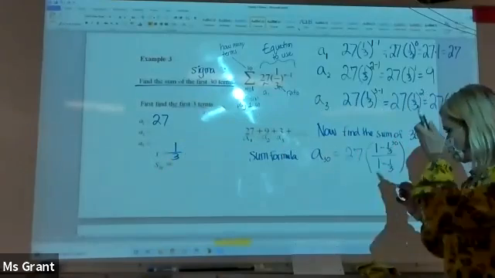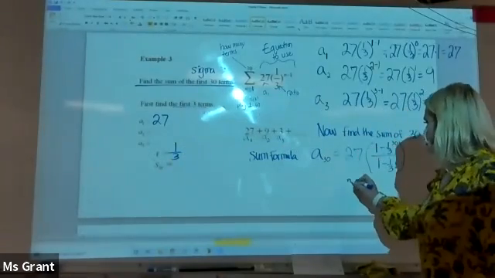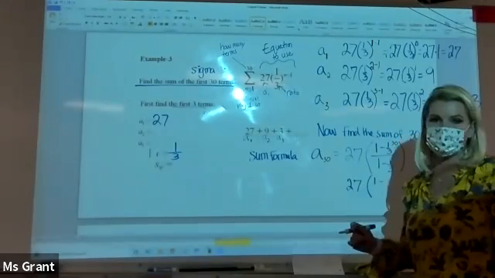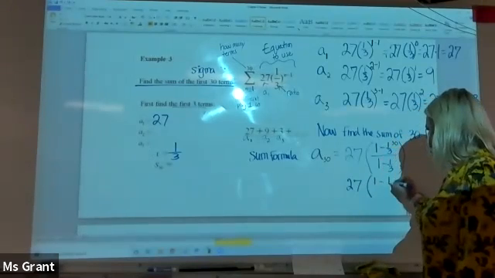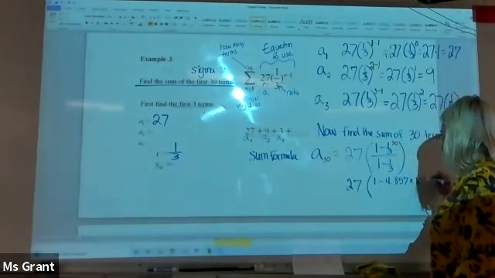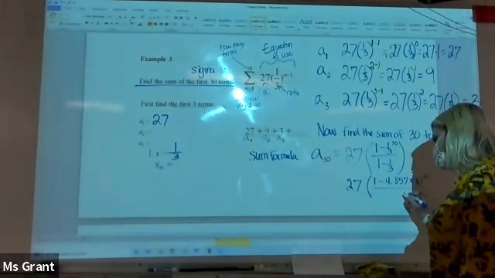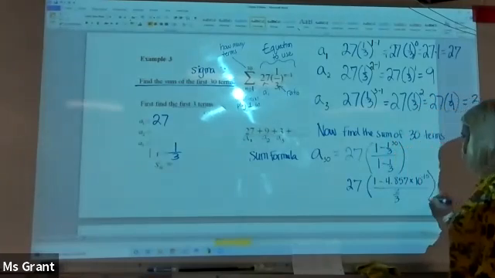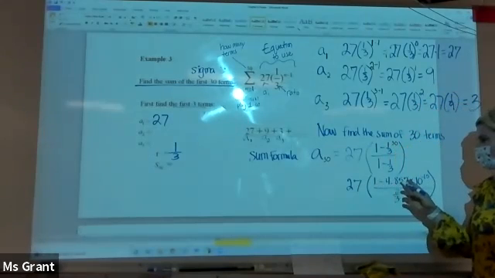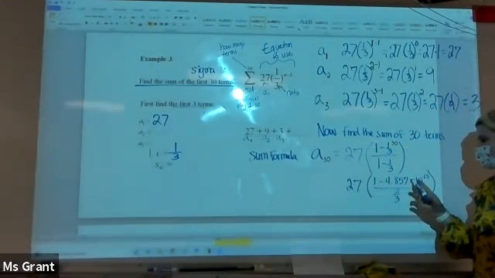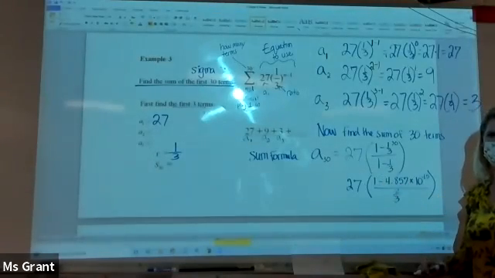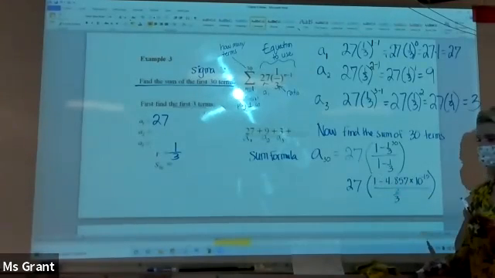Okay, 1/3 to the 30th power is crazy. It's, 1 minus, it's scientific notation, 4.857 times 10 to the negative 15th, over 1 minus 1/3, that's 2/3. Ha ha ha. 1 take away 4 and 856 thousandths times 10 to the negative 15th. I am not going to move my decimal 15 spaces to the left. But this is what your calculator would say.